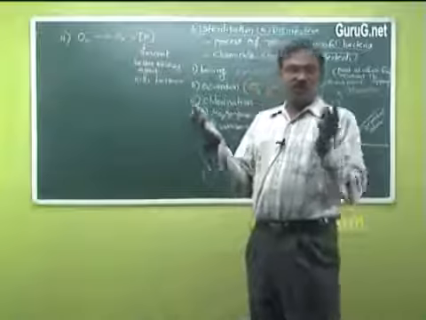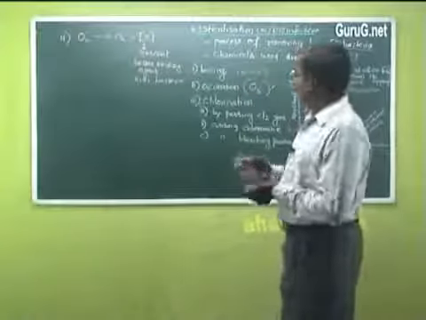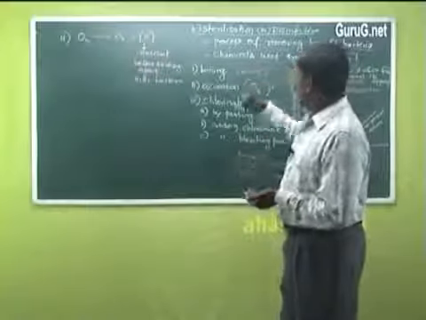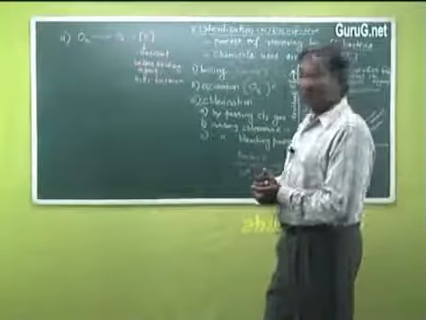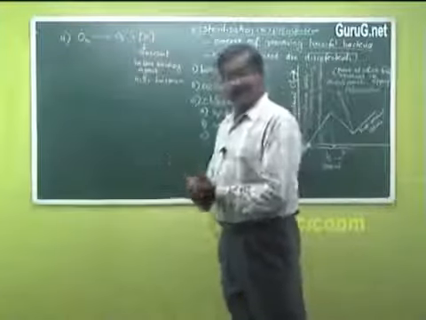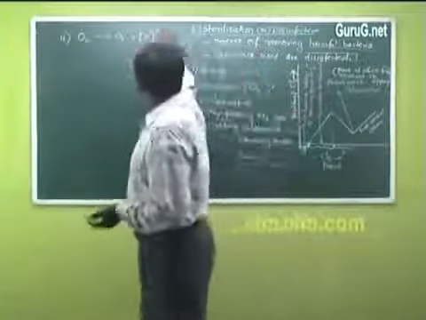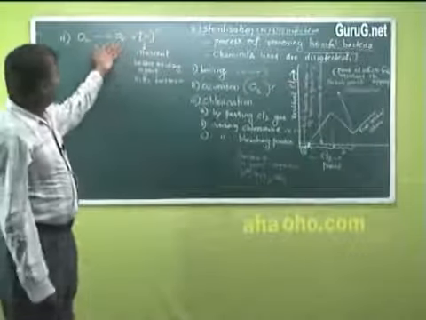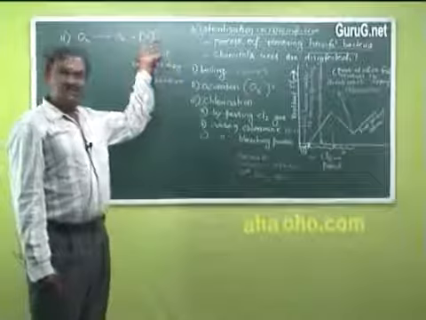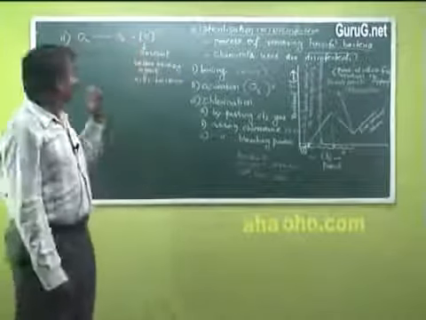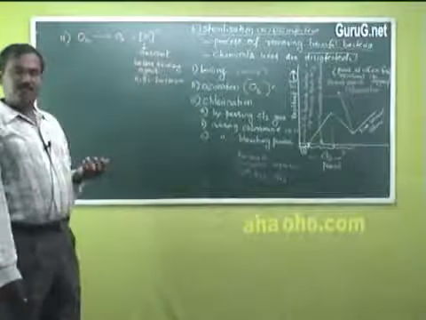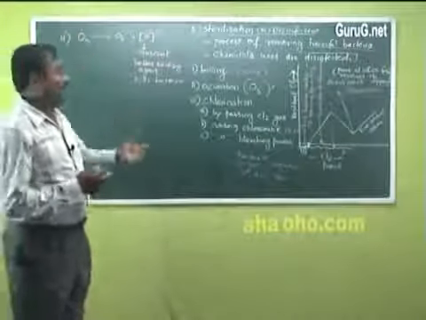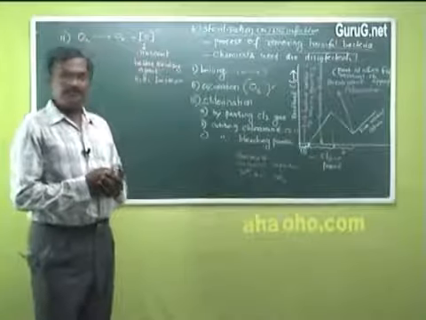Using some ozone generator, ozone is prepared, which is passed through water. Since ozone is highly unstable, it decomposes to give oxygen, O2, which has no use here, and nascent oxygen, newly born oxygen, which has better oxidizing property than even atomic oxygen, and it kills the bacteria in an effective manner.